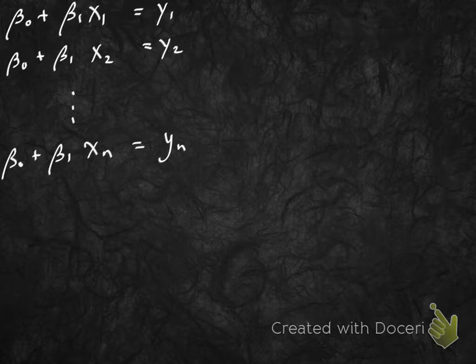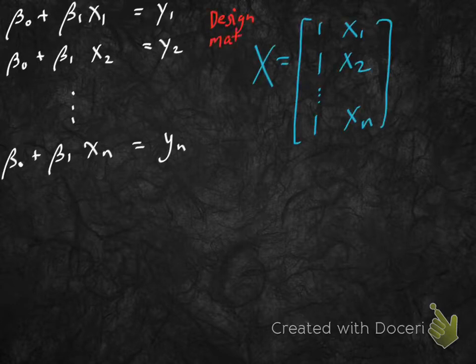So let's go back and look at the linear system and see what we can do. So first, we'll write down this design matrix X. This is the coefficient matrix of that linear system. So the first column will be all ones, and the second column will be the x coordinates of the data points.